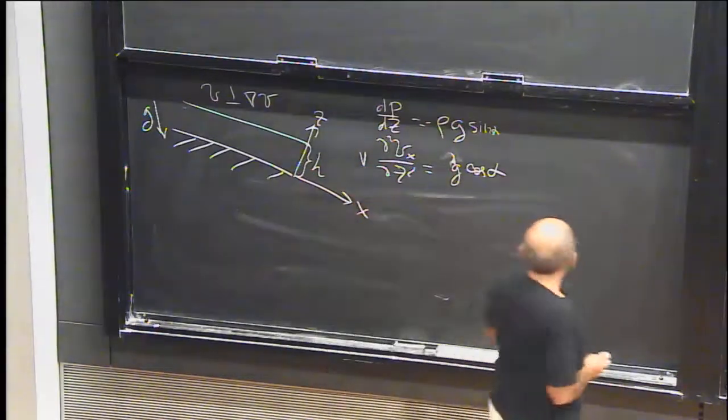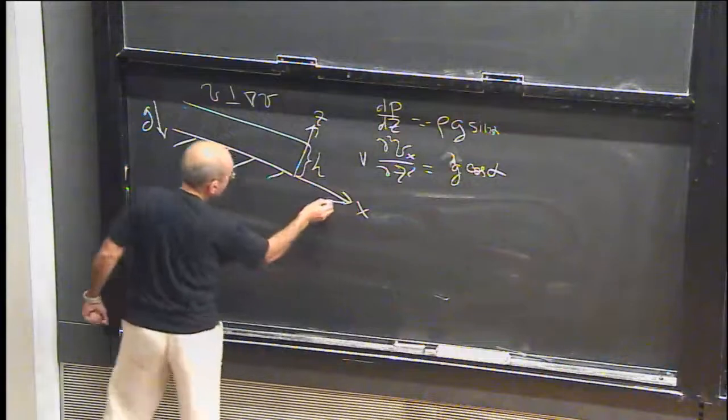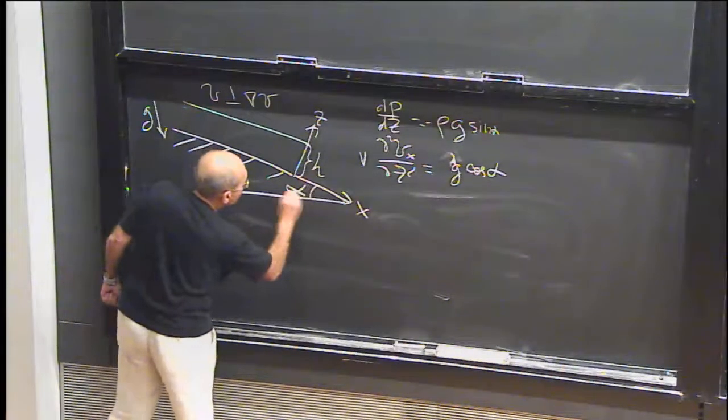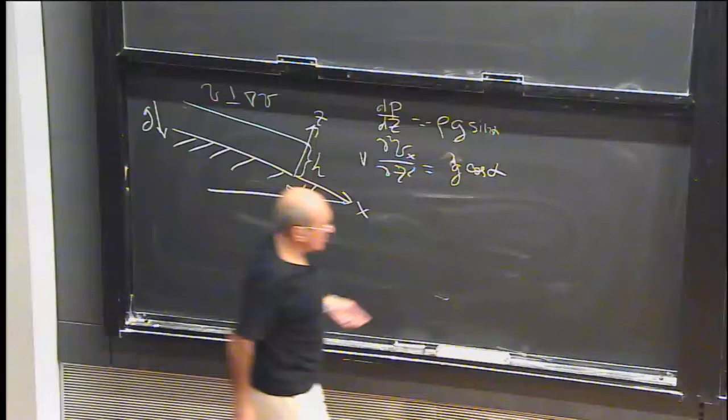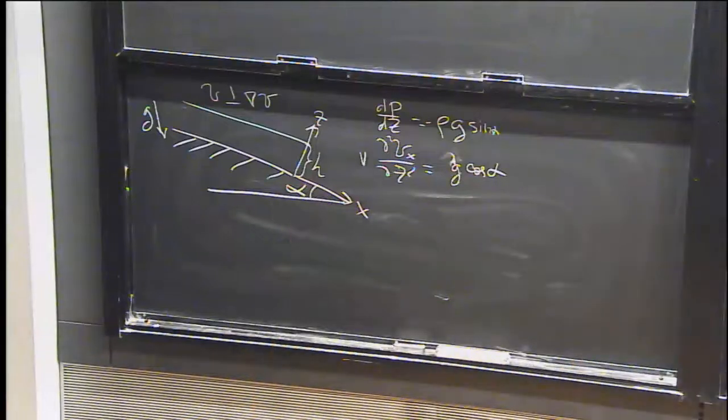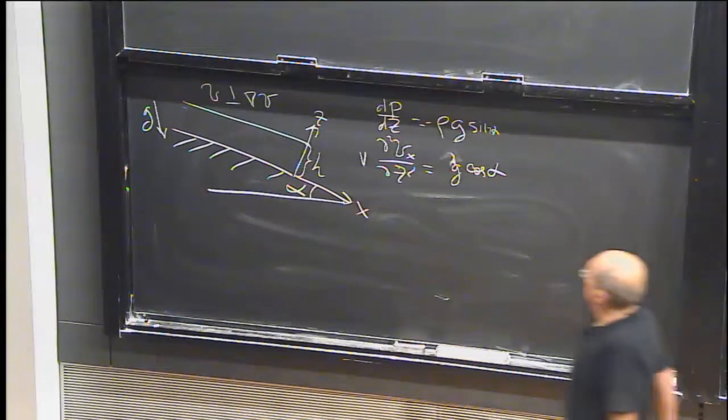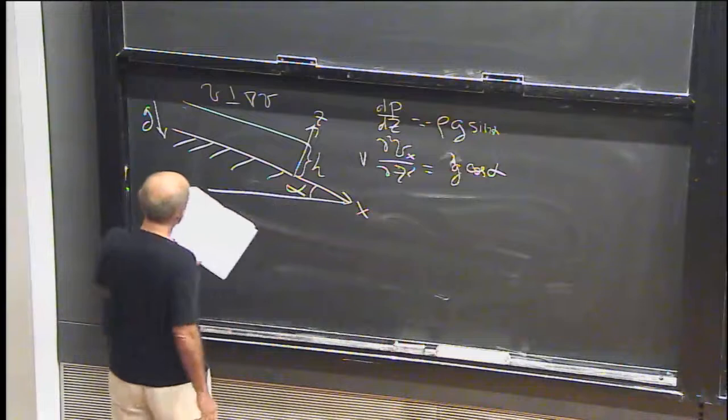So this is it, and alpha will be this angle. Okay, so that's more or less two simple equations. As you probably notice, they are linear because the nonlinear term is exactly, identically zero.